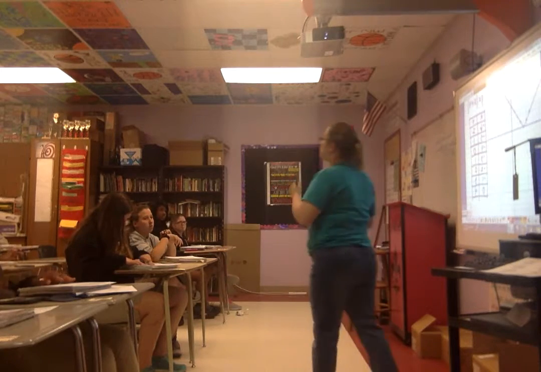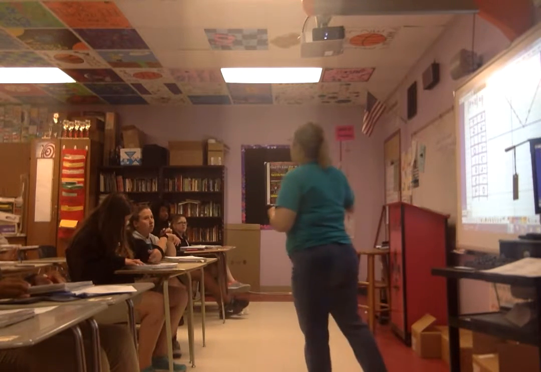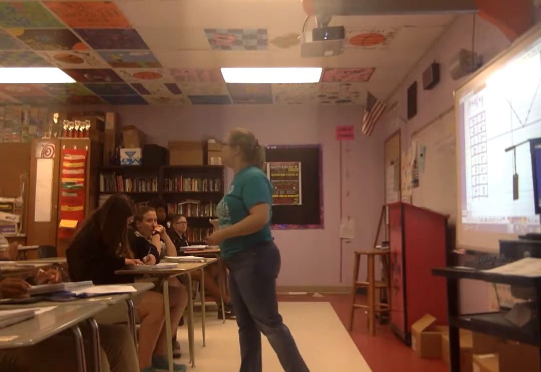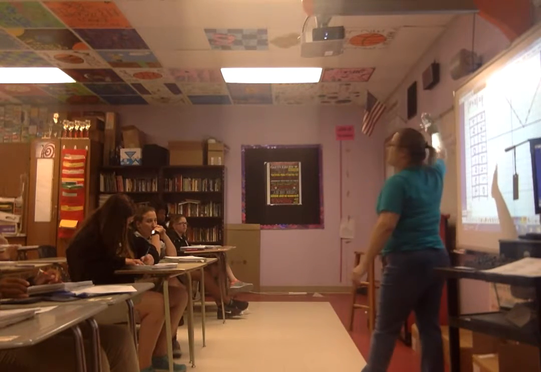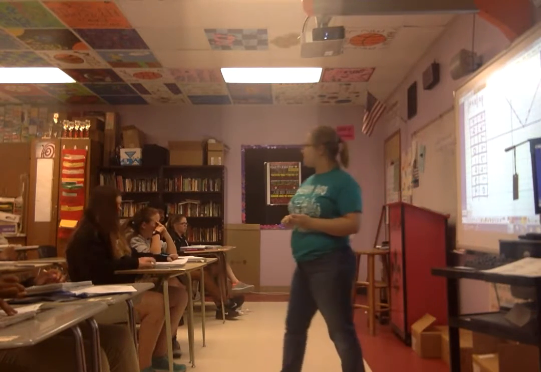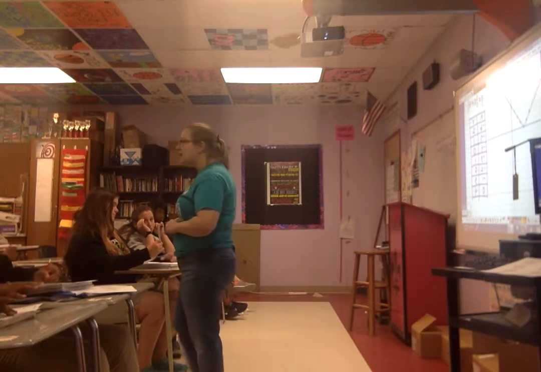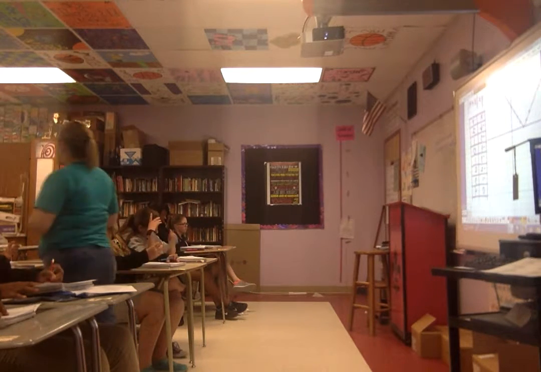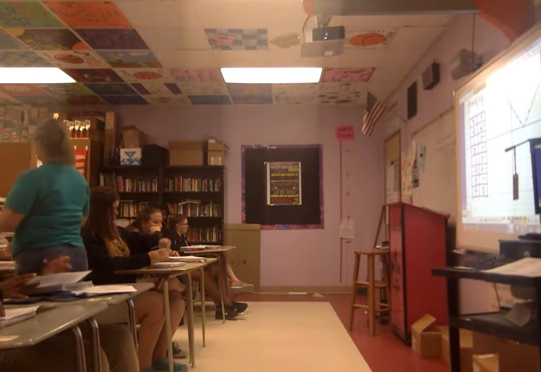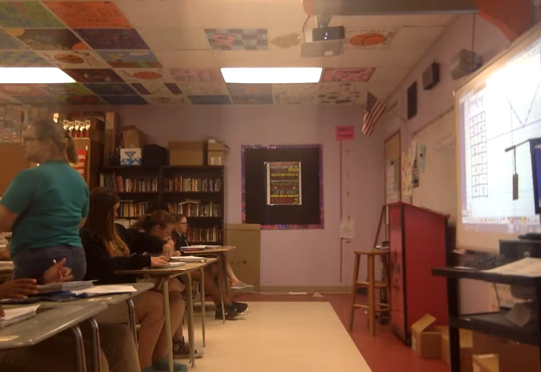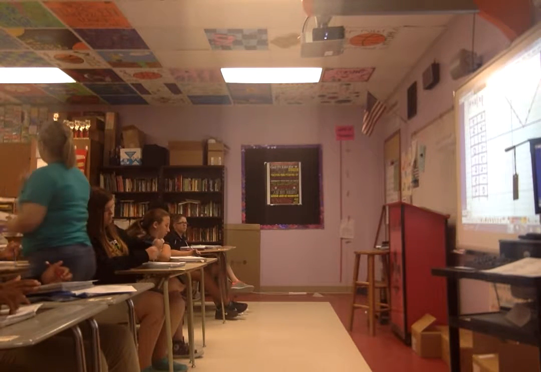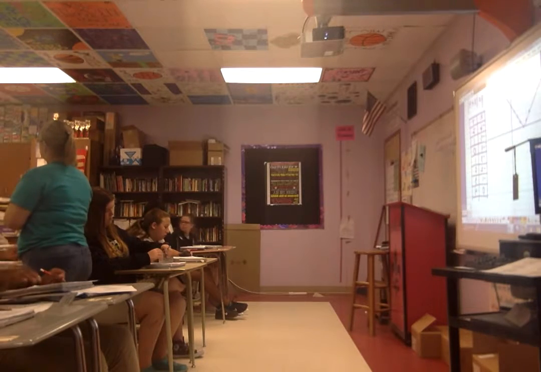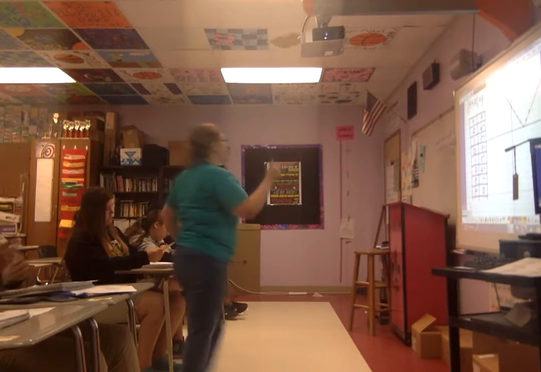So can we write a statement that will tell me what to do to a graph that looks like that? What can my statement say? If I have x plus a number, what can you tell me will happen? It will move over which way? It will move left that many places.